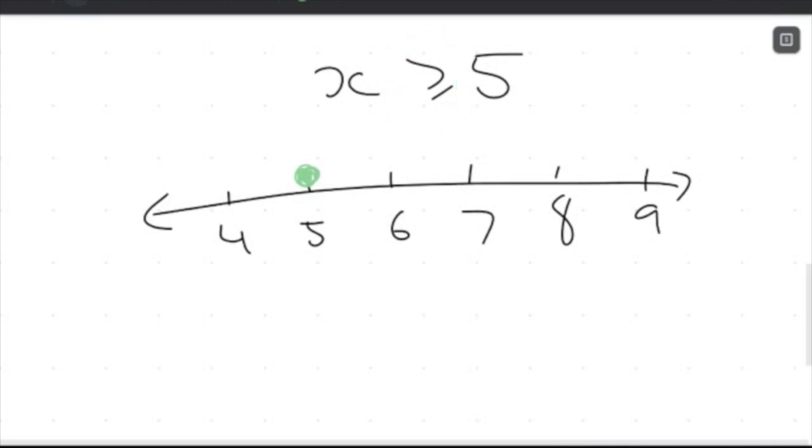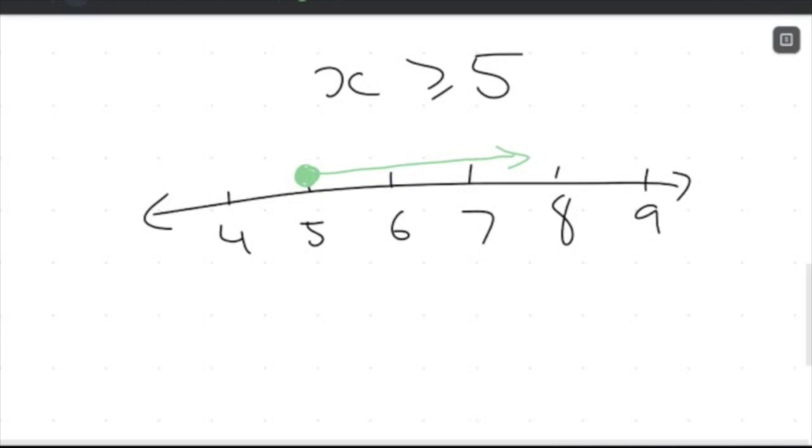That's what the closed circle shows, that it's numbers greater than or equal to 5. And we just draw an arrow in the direction of the numbers that are greater than 5. So this is how we'd represent an inequality.